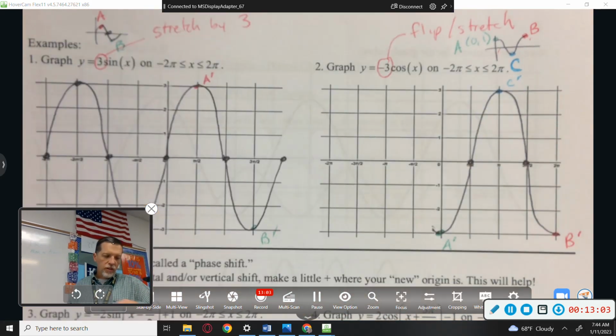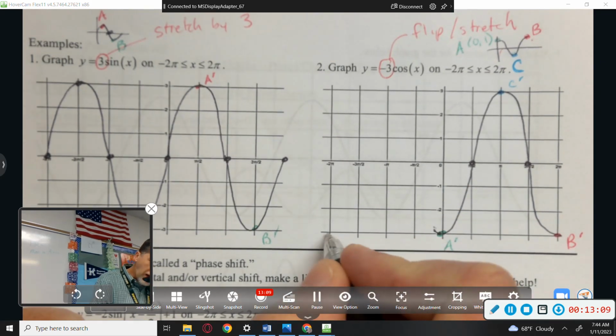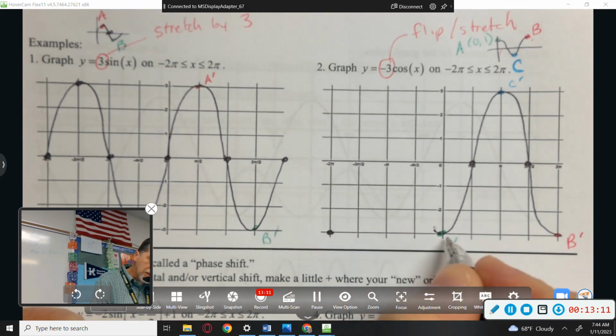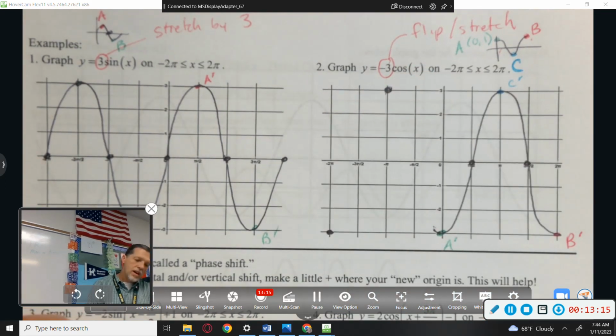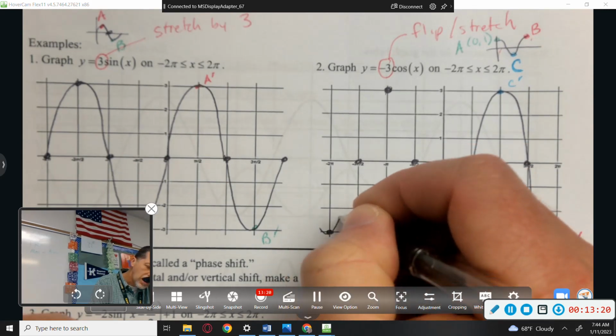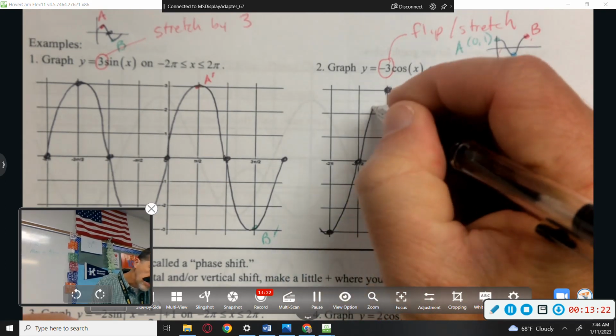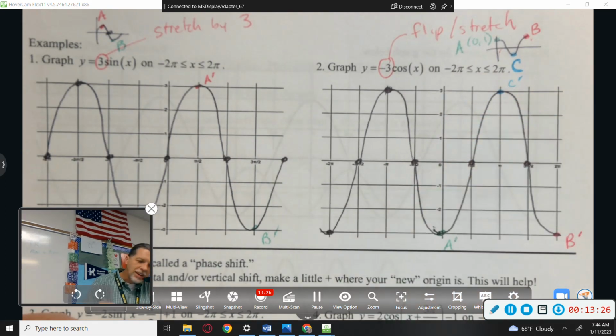Yeah, it flipped over and we stretched it out. Now let's copy that back a cycle. So back at negative 2 pi, we're down in the minimum. Halfway, we're at a maximum. Halfway in between there, we're at the midline. And then we'll neatly, carefully sketch in the rest of it.